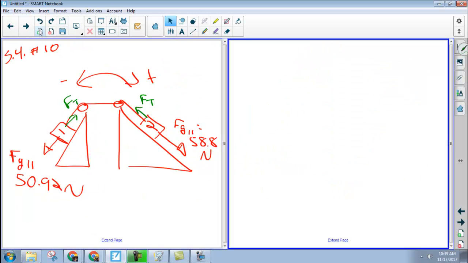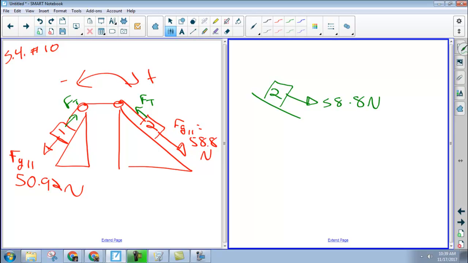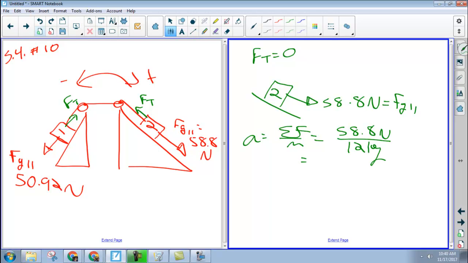Block 2 has a force of 58.8 newtons, and if the tension is 0, that's it, right? So acceleration equals net force over mass. Our net force is 58.8 newtons, our mass is 12 kilograms. Divide this and you get 4.9 meters per second squared. Does that make sense?